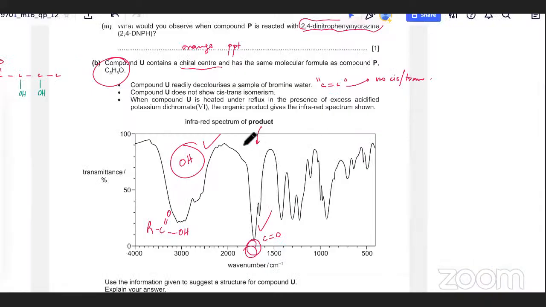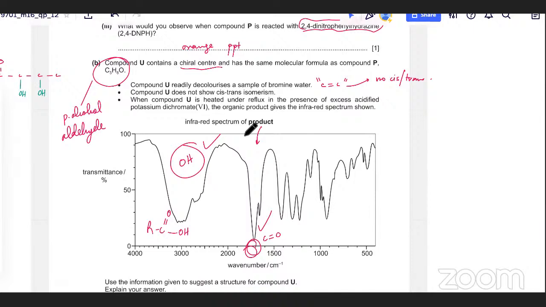So you've got two options: it might be a primary alcohol or it might be an aldehyde. Is this clear? Yes, sir.